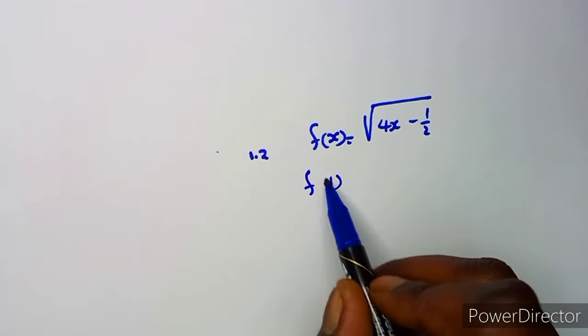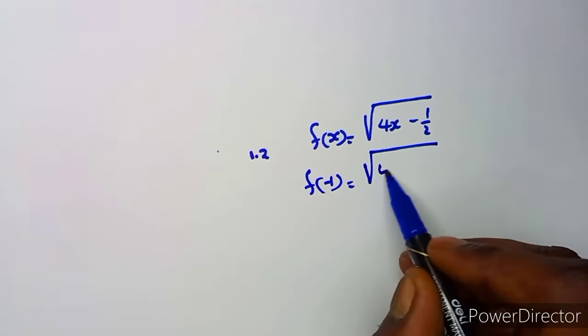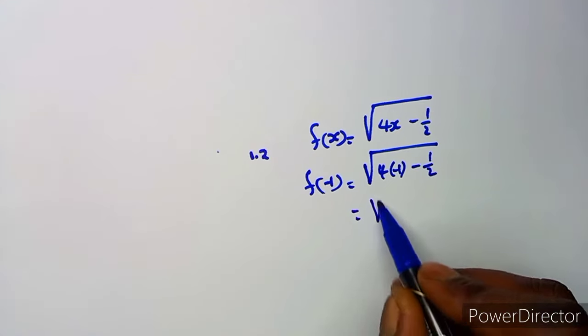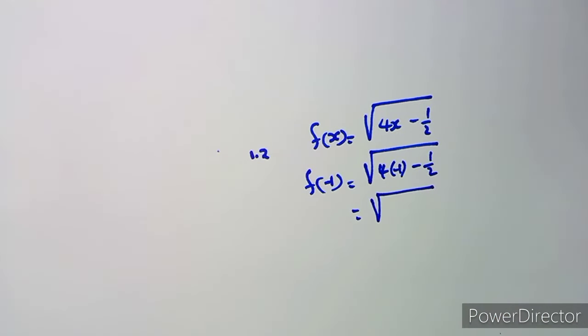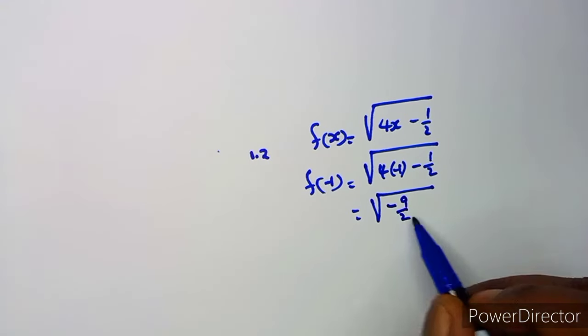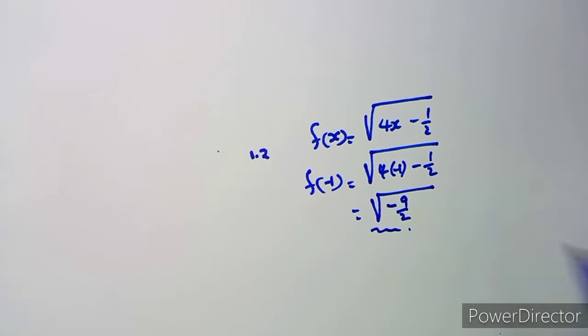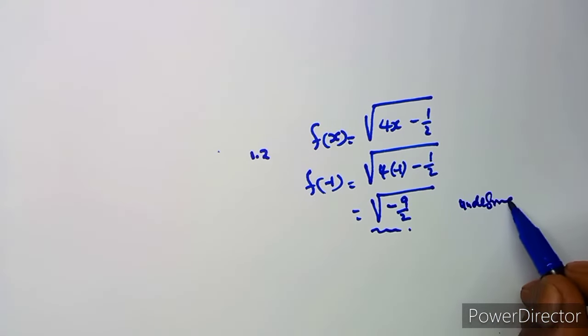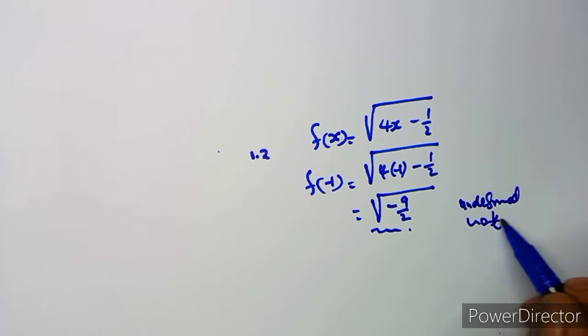So f of -1 is going to be the square root of 4 times -1 minus a half. And this is going to give us from our calculator, that's -9 over 2, because this is -4.5. And can we simplify this from our calculator? Actually, this is undefined. All right, or this is not exact.